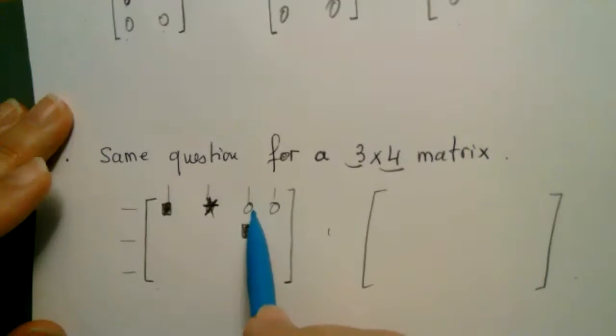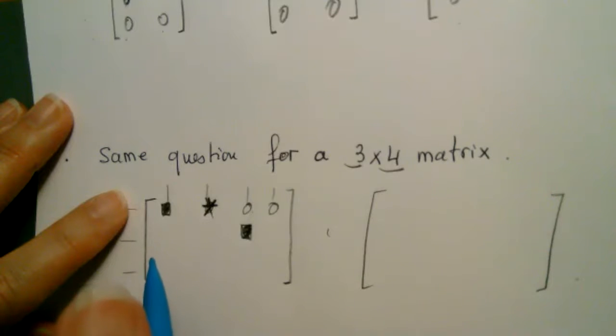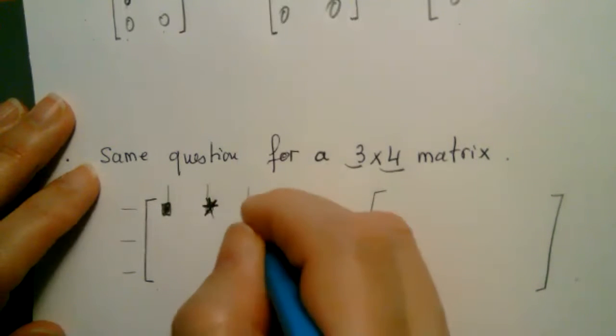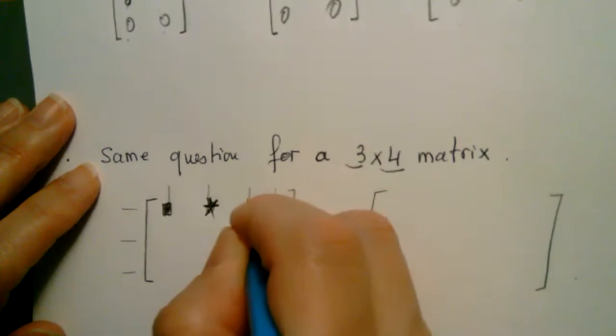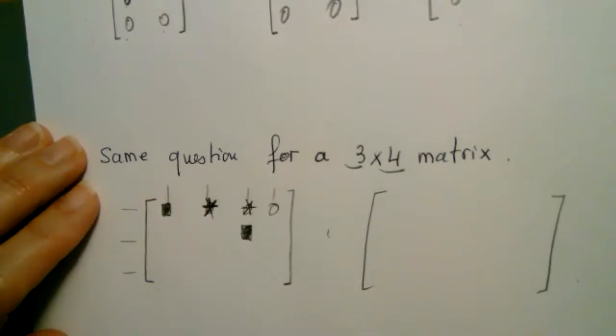How about this one? It depends. It depends on whether it is the one below, echelon or reduced echelon. Right. Since I'm asking for echelon, the leading entry does not have to be the only nonzero, so this star will be allowed right there because it's echelon, not reduced.